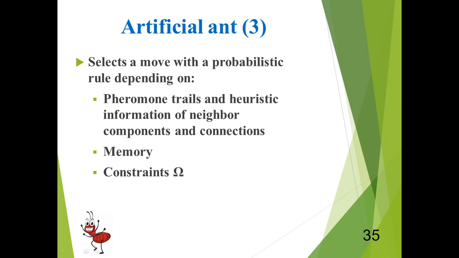Artificial ants number three: select a move with a probabilistic rule depending on pheromone trail and heuristic information of neighbor components and connections, memory, construction constraint Omega.